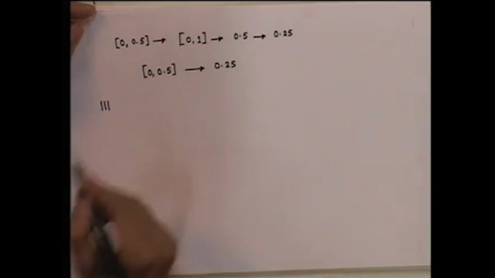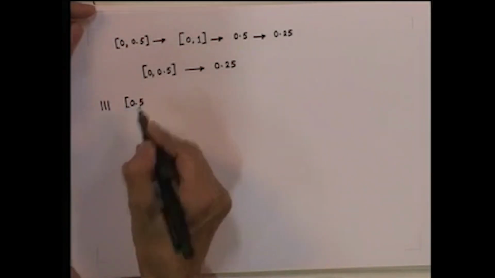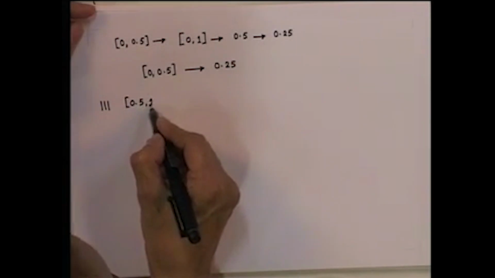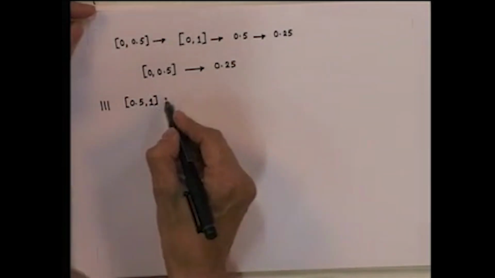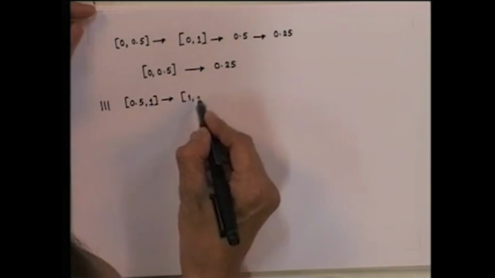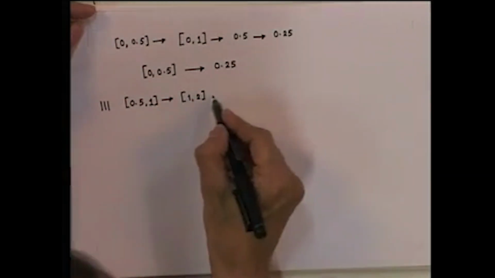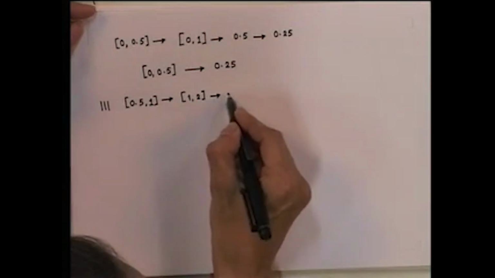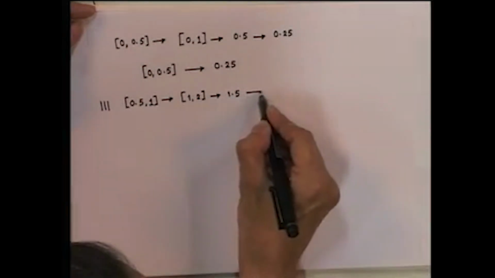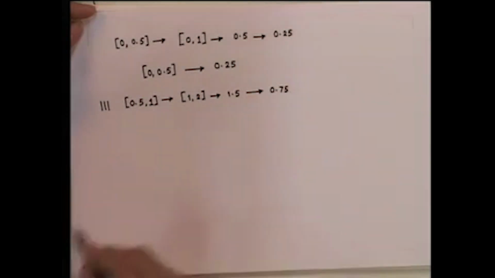Similarly, the input between the interval 0.5 to 1 on passing through the compressor gets mapped to the region between 1 and 2, and this gets quantized to 1.5, and the output of the expander is 0.75.